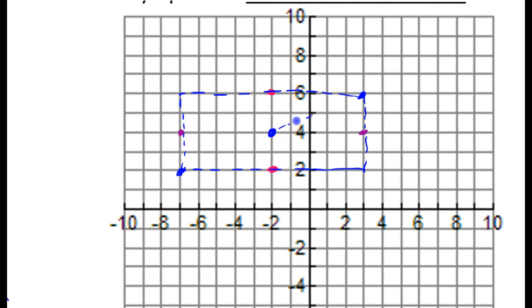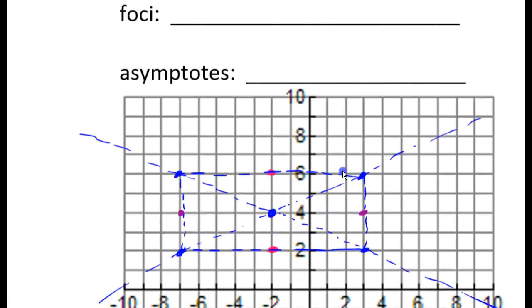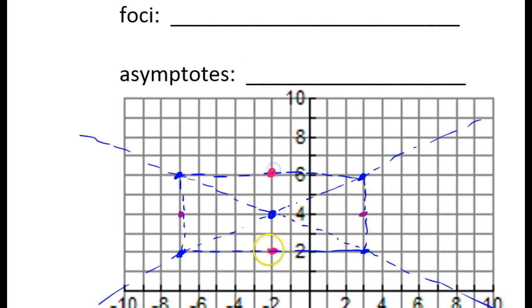So I'm going to have an asymptote that goes like this, and a downward sloping asymptote that goes like this. So now I could go ahead and draw the branches of my hyperbola. Remember that these red dots are the vertices, so the branches will be here, and of course they will approach the asymptotes like this.